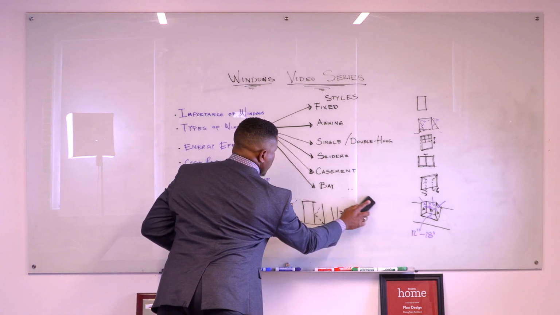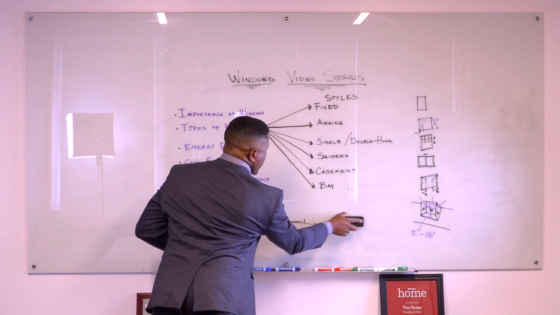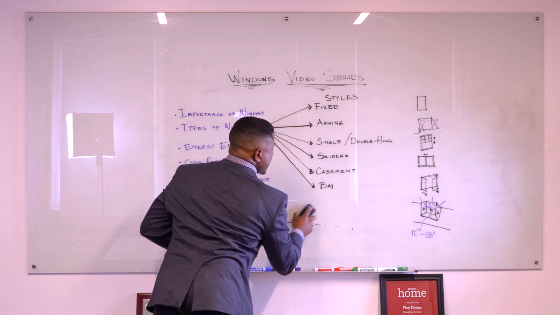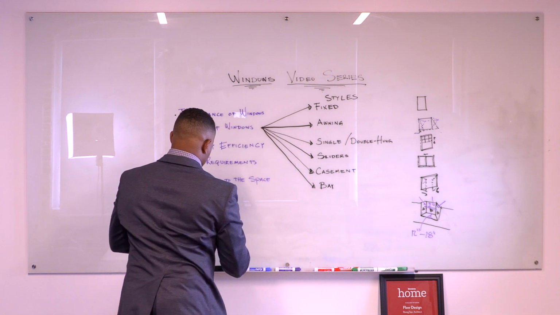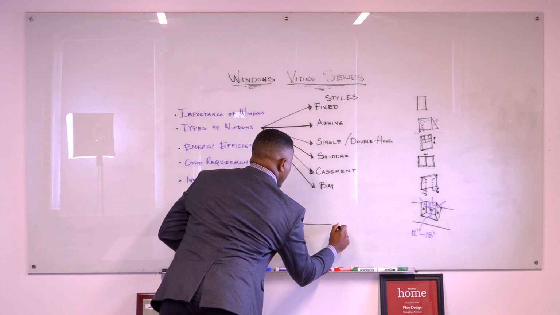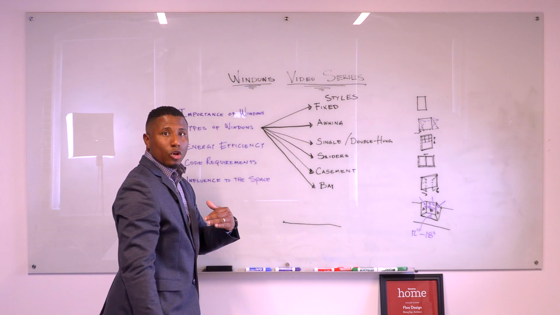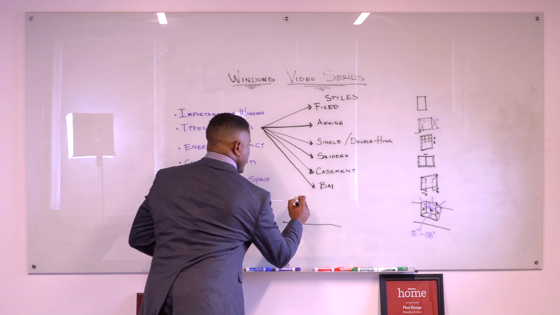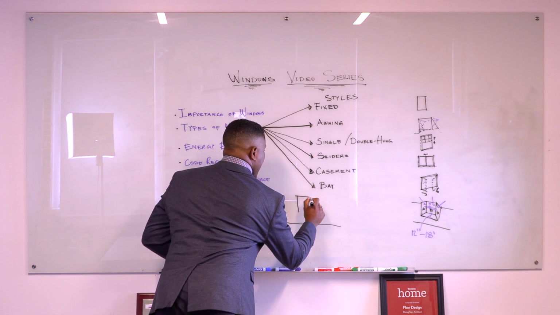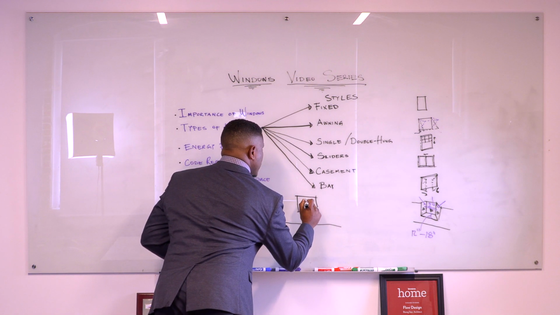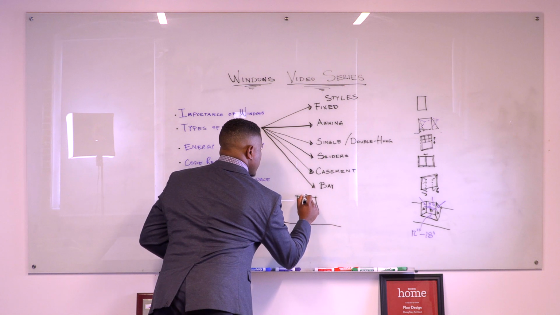You could also, let's say you have a kitchen looking into your backyard. Once again, you could have a sliding window, my apologies.